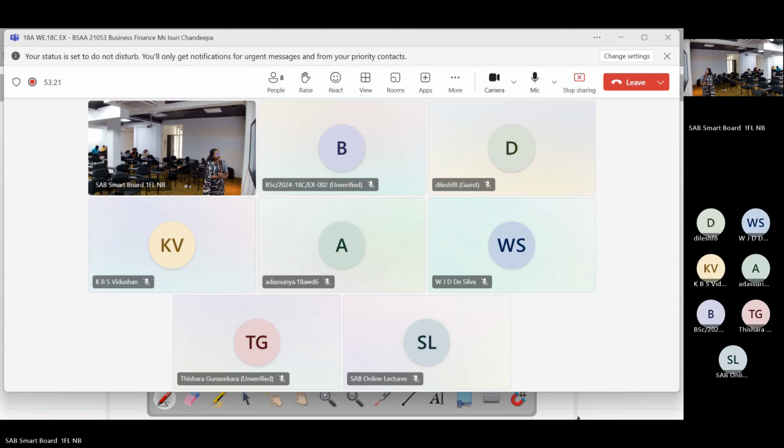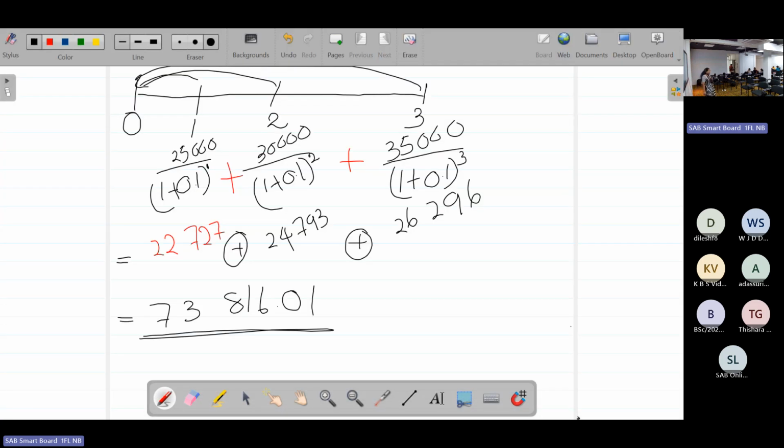Silva? No. Shara. Gunasekara. They are working students. Okay, the answer is 73,816.01.